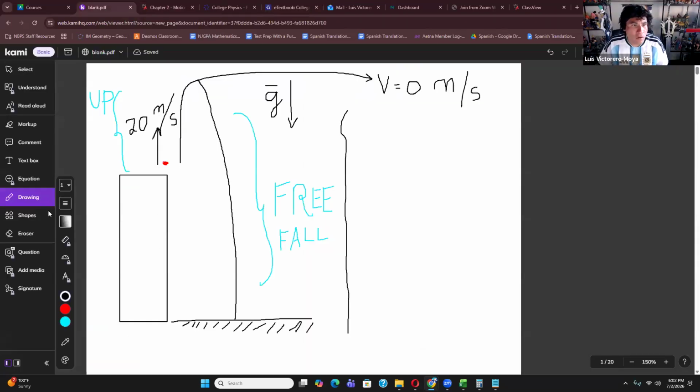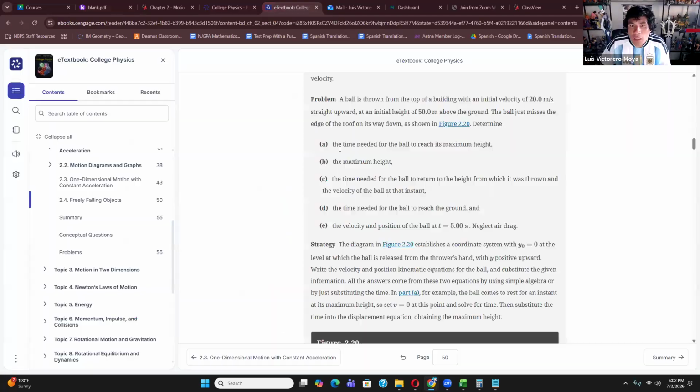All right, so that's this, okay? So that's the initial height. Given that situation, the first question is asking you to find what's the time needed for the ball to reach maximum height.